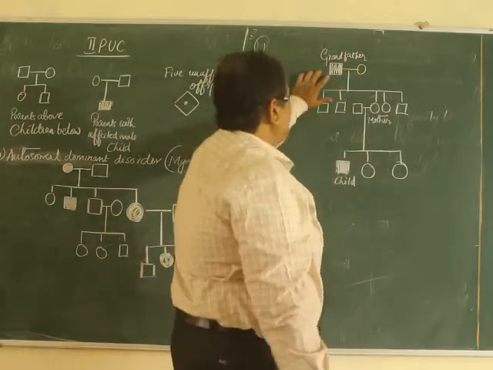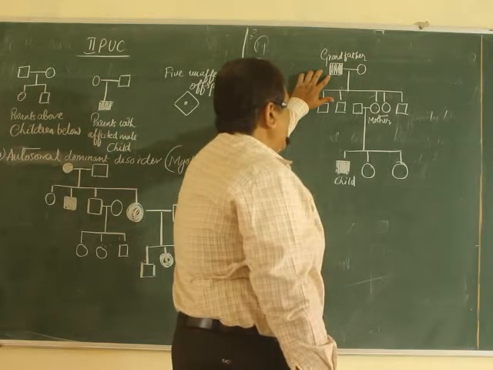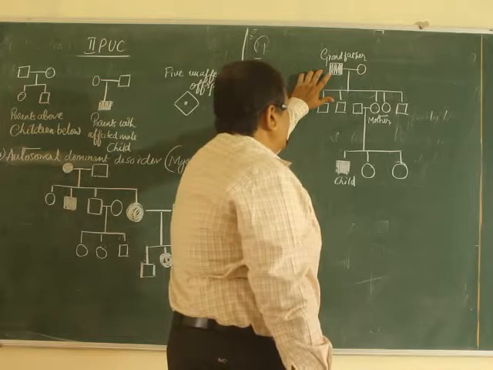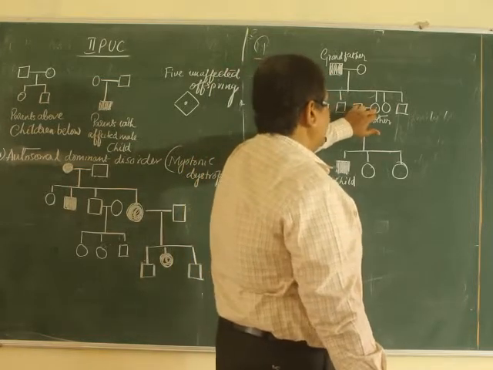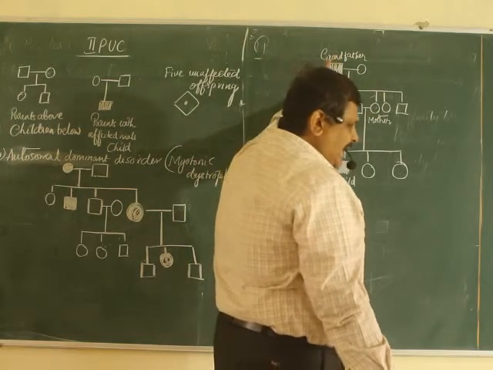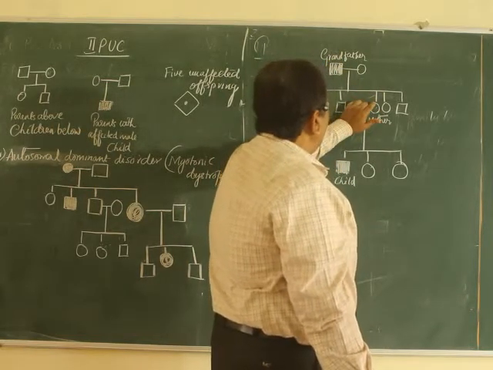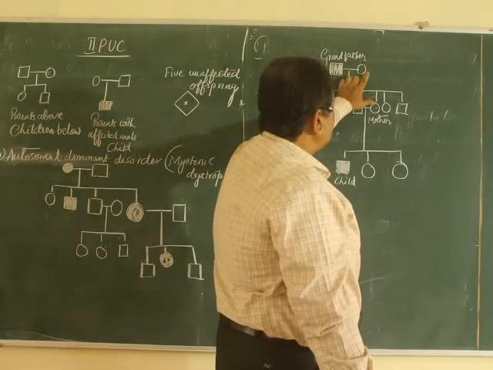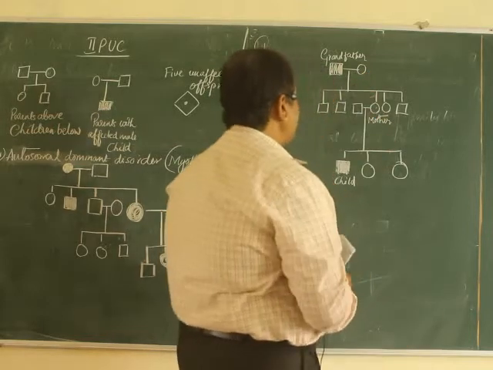When a diseased father or male marries a normal female, then the father gives the X chromosome to the daughter, which is diseased, and the mother of that daughter gives the normal X chromosome.